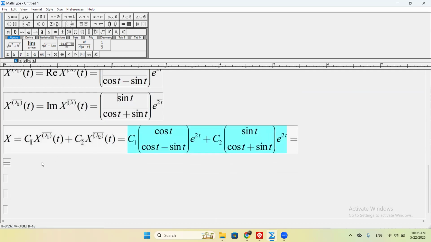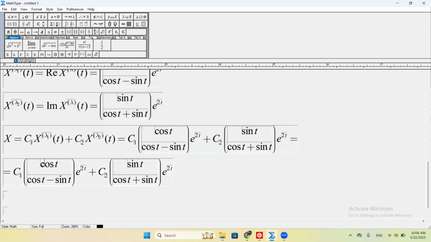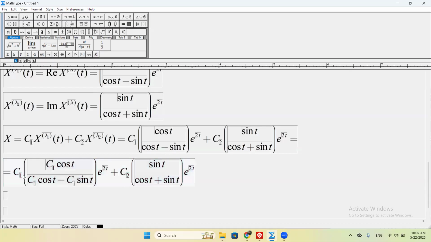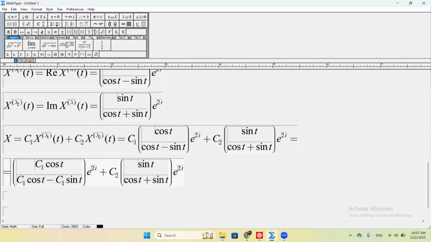Here will be C1 cosine of t, here C1 cosine of t minus C1 sine of t. E to the power of 2t will still be out of brackets.